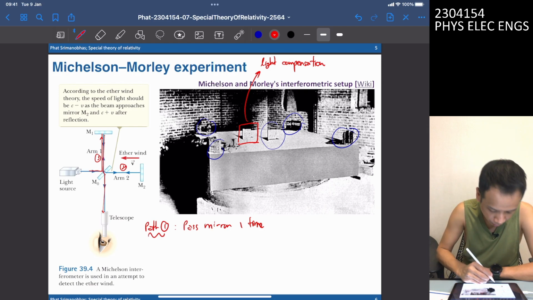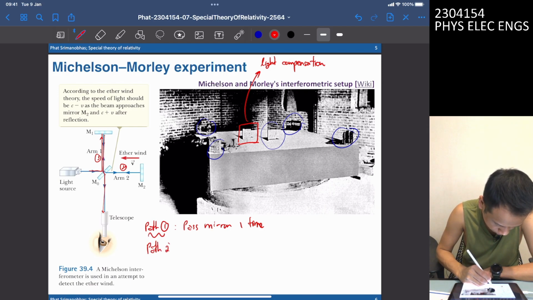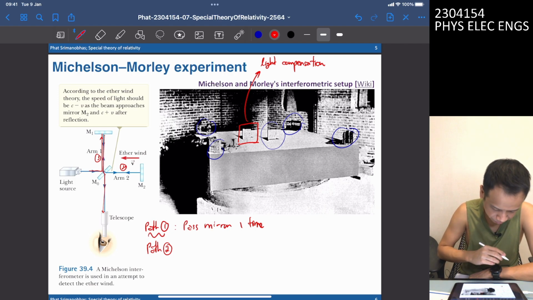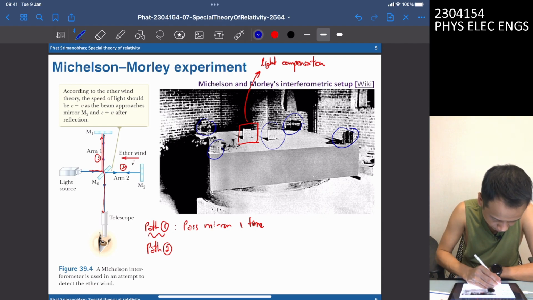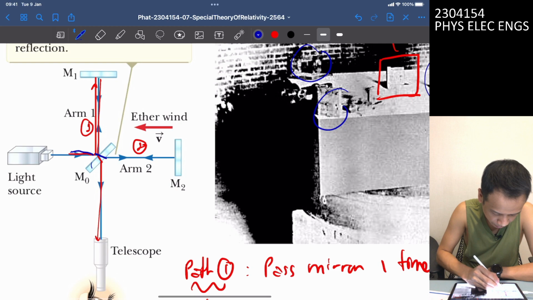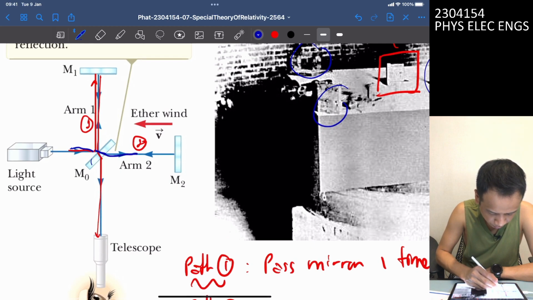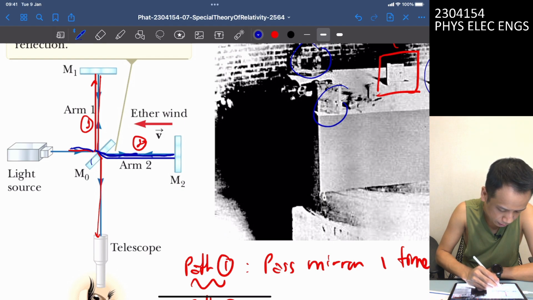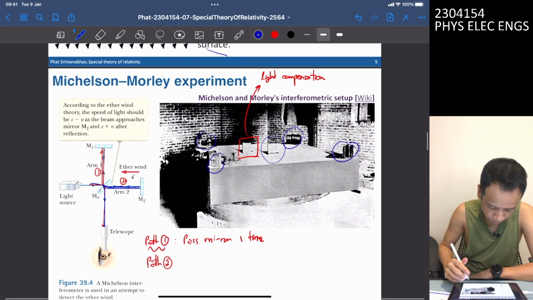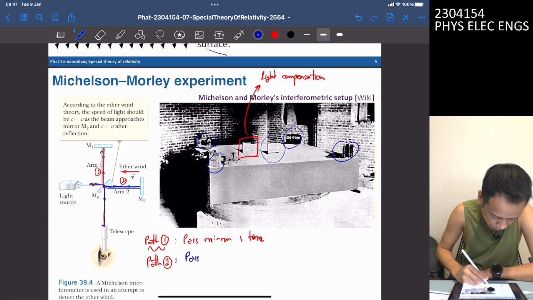But for path 2, the light is refracted first, follows path 2, goes back, is refracted, goes back to this point, reflected, and then goes to the telescope. So path 2 passes the mirror 3 times.